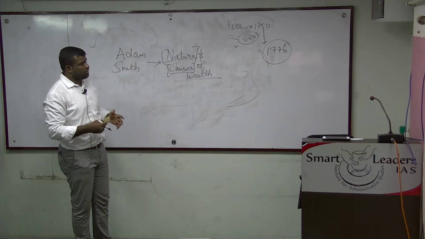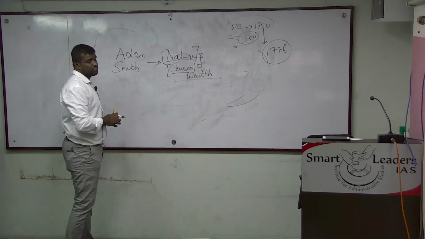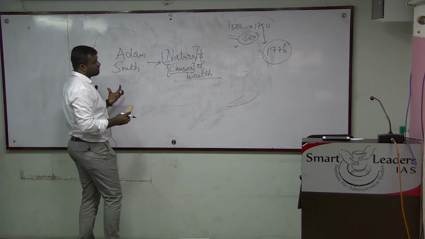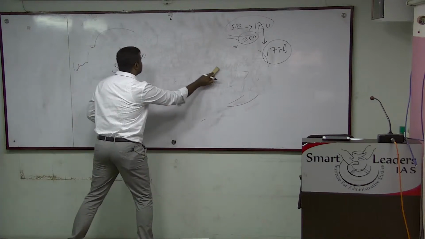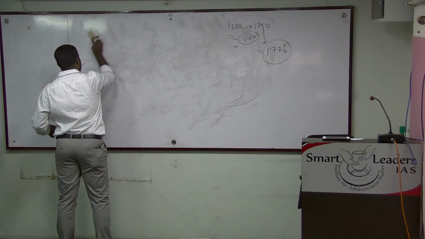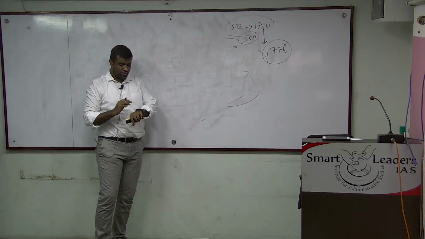This is a 3-volume book, a big book. We are not going to discuss its entire contents. Rather, we will limit ourselves to the core ideology and basic principles of what he said. So what did he say?